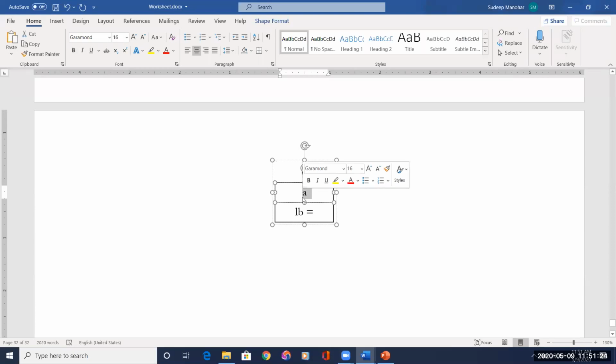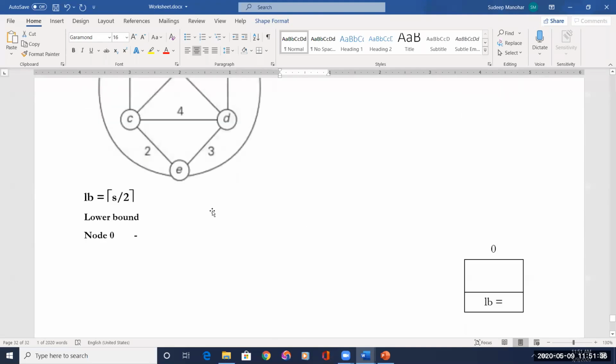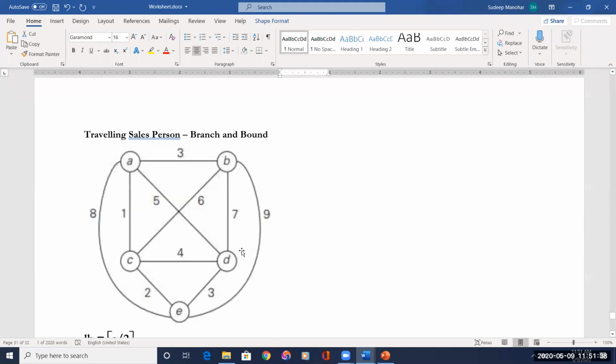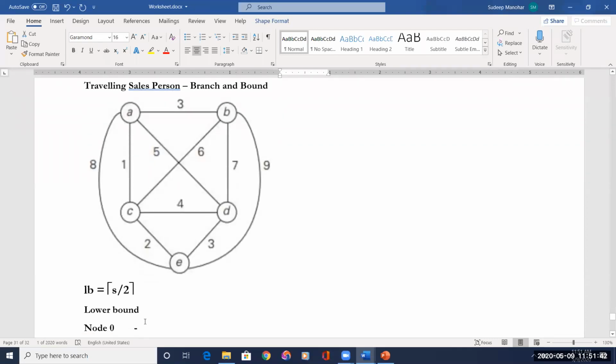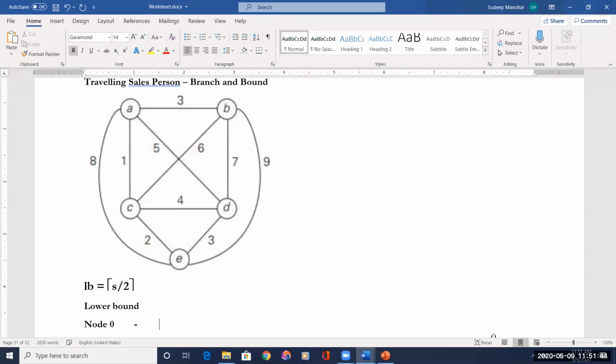The first city we are considering is the starting city A, and we have to calculate the lower bound. Now we have considered only the starting city. We have not considered any edges in this graph. So the very first step is to calculate the lower bound for node number 0.